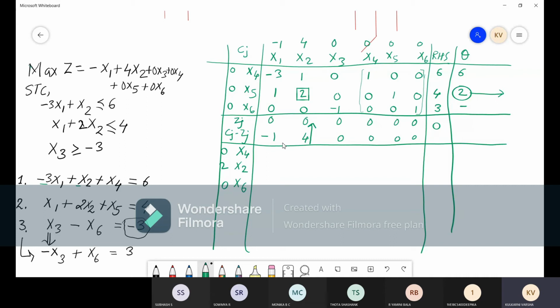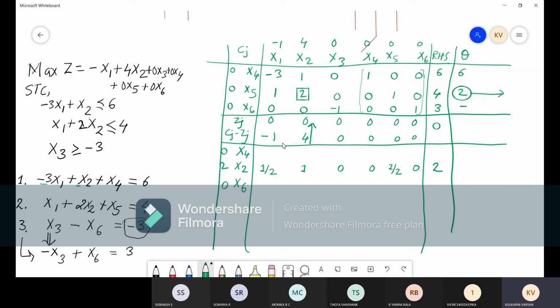Pivot row is the row which is leaving, so this is the pivot row. So 1 divided by 2, 2 divided by 2, 0 divided by 2, 0 divided by 2, 1 divided by 2, and 0 divided by 2, and then here 4 divided by 2. So we got the row values for X2.